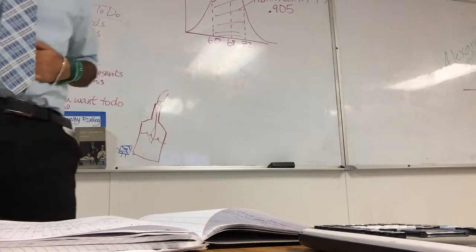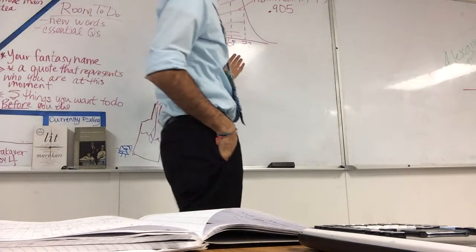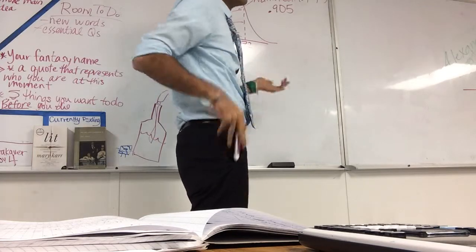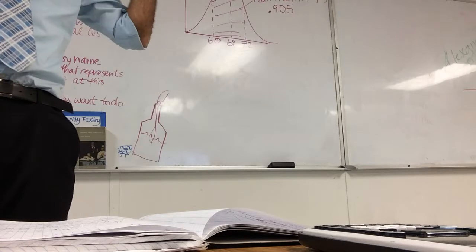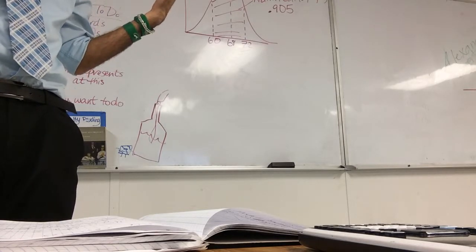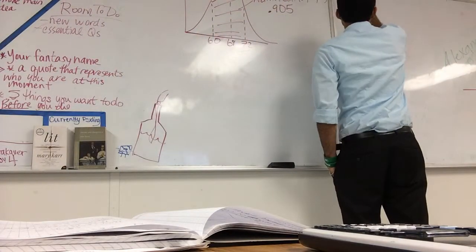So now we have another method for solving problems like these, a different method. And sometimes on the free response, they'll say, show your work using both methods. So this method is using what they call a z-score.